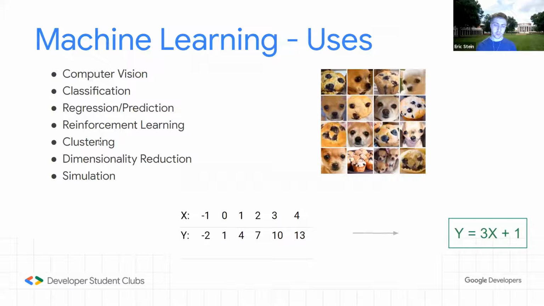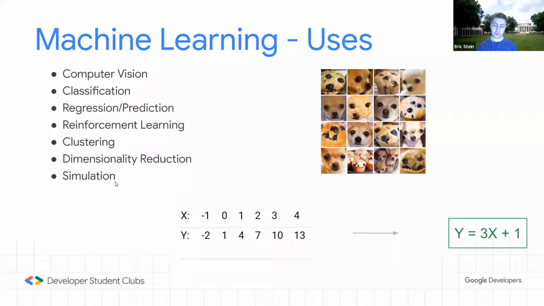There's clustering, which is similar to classification, except that the machine learning model separates the data on its own. You don't really give it the groups, but the model determines the groupings for data. There's dimensionality reduction, which simplifies data. And there's simulation, which is pretty interesting.